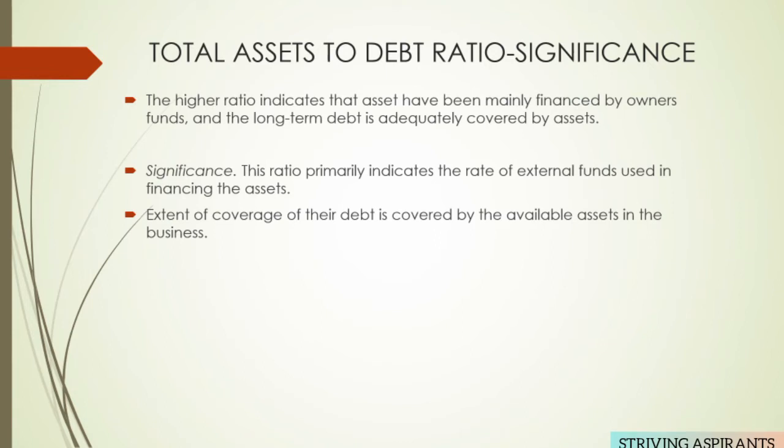Means we have enough funds to cover the long-term debt. This ratio indicates the extent of external or outside funds taken for financing the assets, and also the extent of coverage of their debt with the available assets in the company.